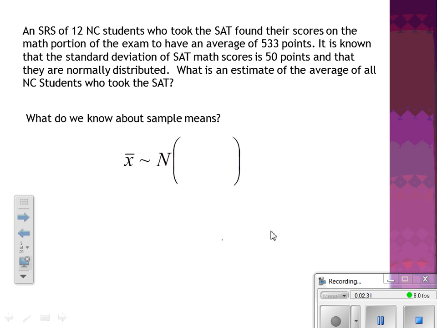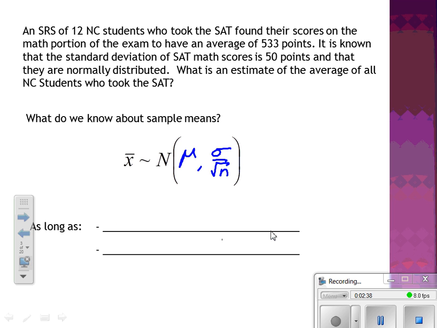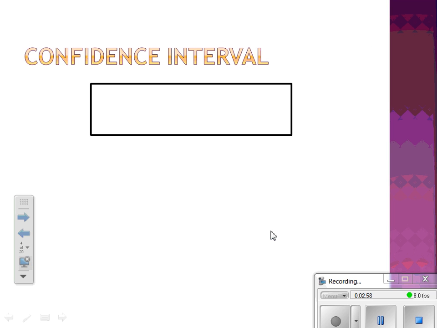Remember, they should center around the true value, and they have that standard deviation of sigma over the square root of n, as long as a couple things. We want to make sure we still have an SRS, and we want a big n, typically 30, or we're from a normal distribution. So it could be a smaller sample size, like above. This was only 12, but SAT scores are typically pretty normally distributed.